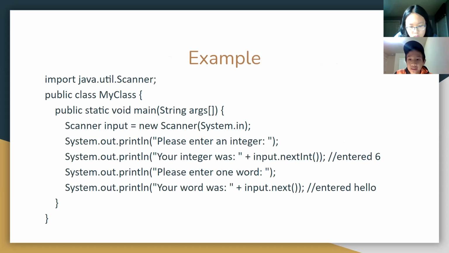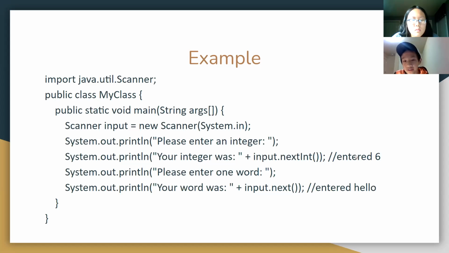All right, so here's a quick example. Import java.util.Scanner. Let's have all this stuff. Remember, this is the main method. We're going to create a new scanner called input in this first line of code. System.out.println just prints something to the output section. You print out "please enter an integer", and it says your integer was input.nextInt. Don't forget the parentheses.